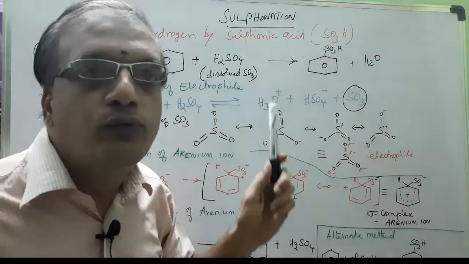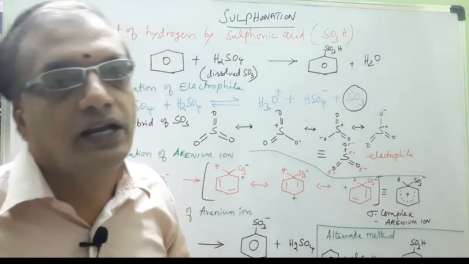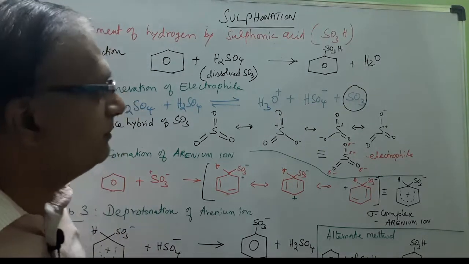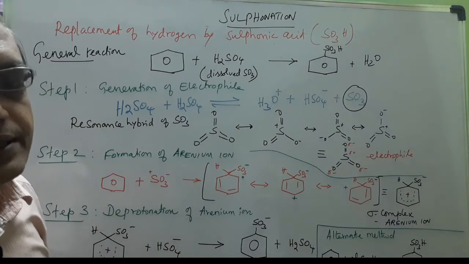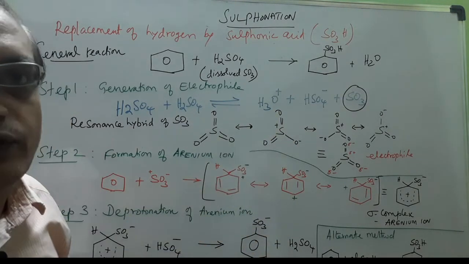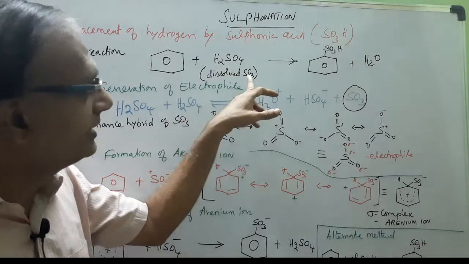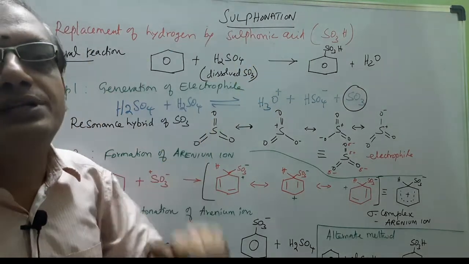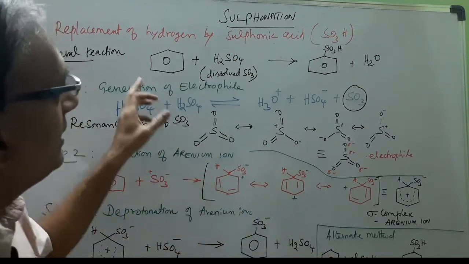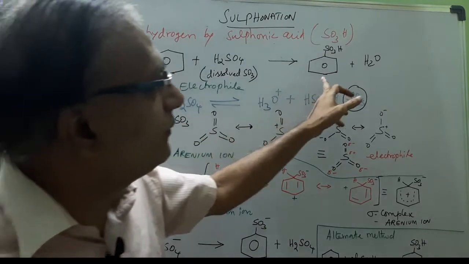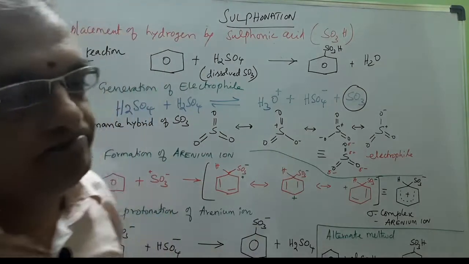Along with that, we need dissolved sulfur trioxide. This is very important in the conditions: just adding concentrated sulfuric acid will not result in benzene sulfonic acid. We need to dissolve SO3 in concentrated sulfuric acid before using it in the reaction. So, in this general reaction we get benzene sulfonic acid as the substituted product, along with water.